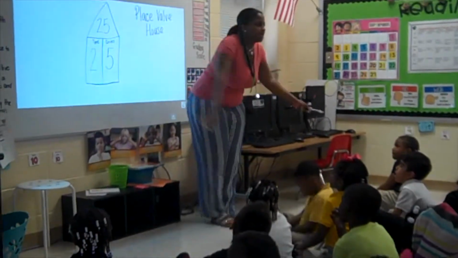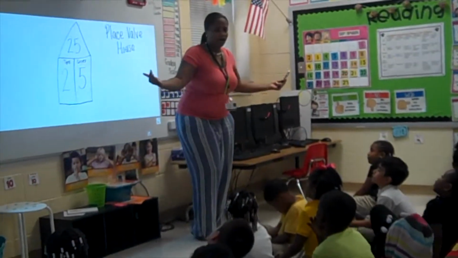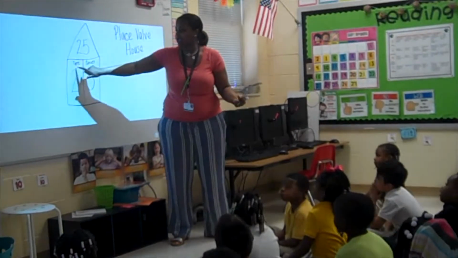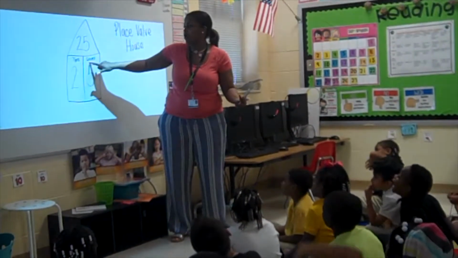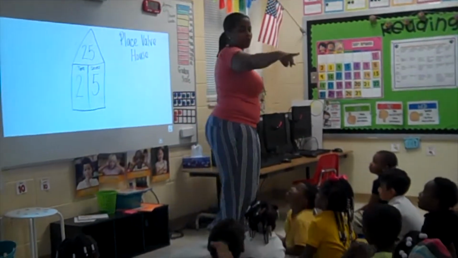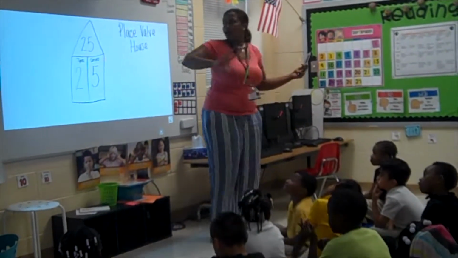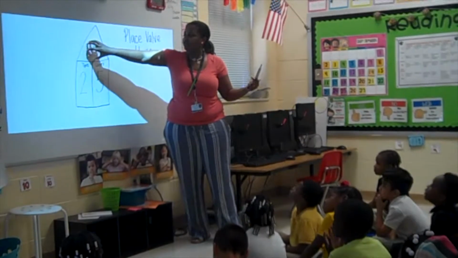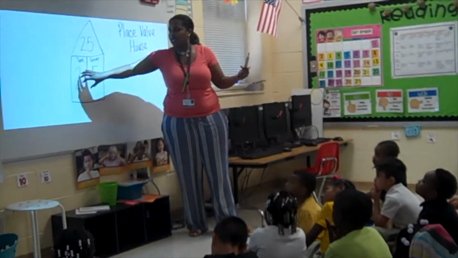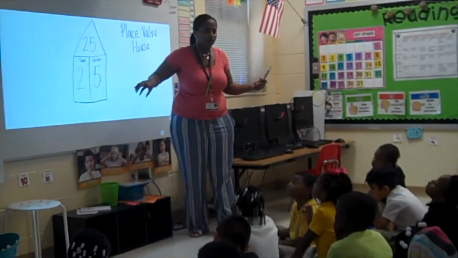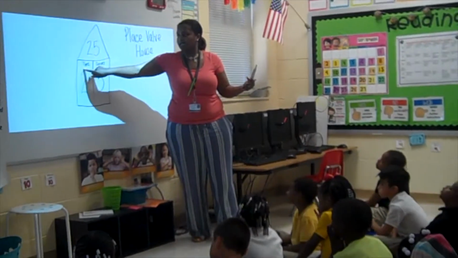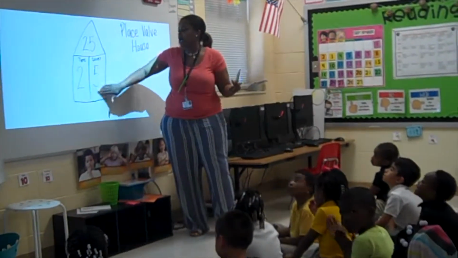Our big number. Our 2 rooms are what? Tens and ones, which represents what, Ashley? Place value. And so, when we have our number in our roof, and we separate them into their place value, we put our numbers in the tens and in the ones.